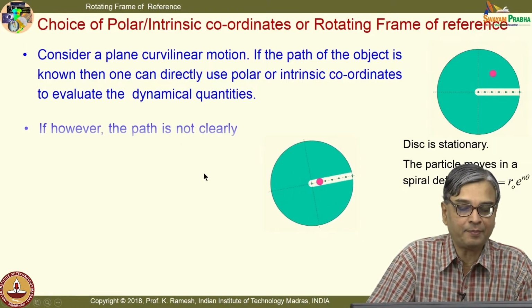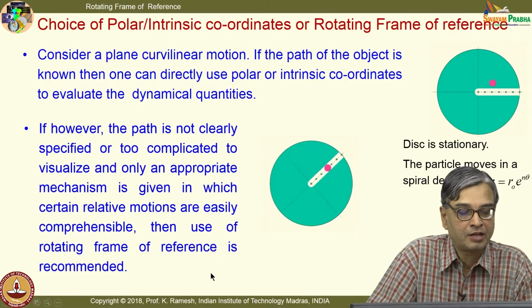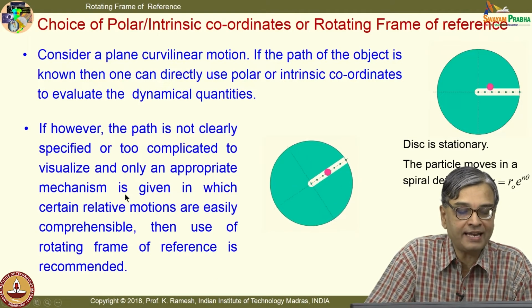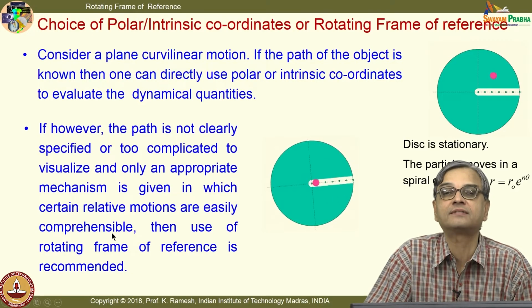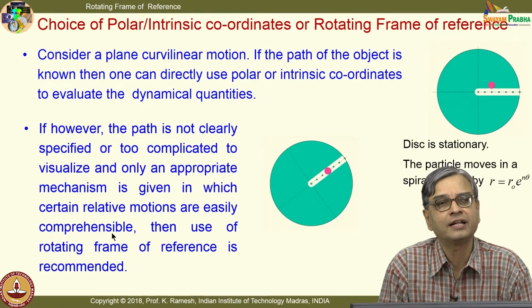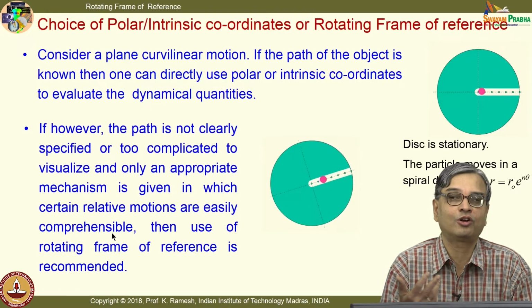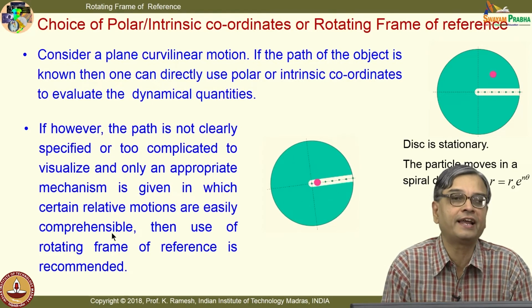So, in many engineering applications what you will find is only an appropriate mechanism is given in which certain relative motions are easily comprehensible. Many of the problems that come in engineering are like that. Okay, we will also see one example a short while later.